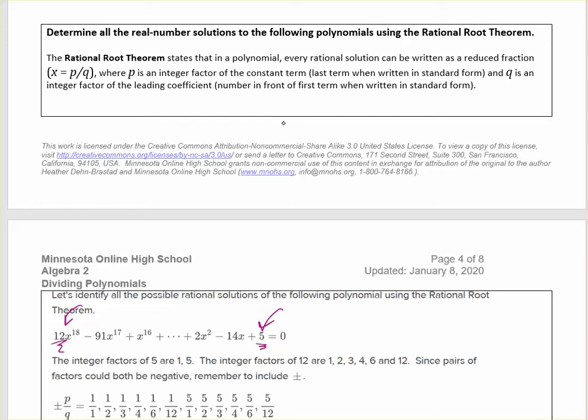Now sometimes there's a lot, sometimes there's only a few. In this case there's a lot, because the factors of 5 are 1 and 5, that's not that many. But the factors of 12, there's a lot: 1, 2, 3, 4, 6, and 12. And you have to take the plus or the negative of all of them. So there's many possible roots for this one.